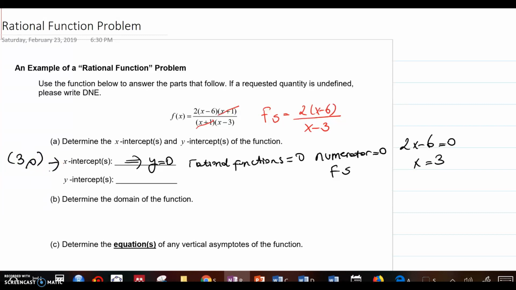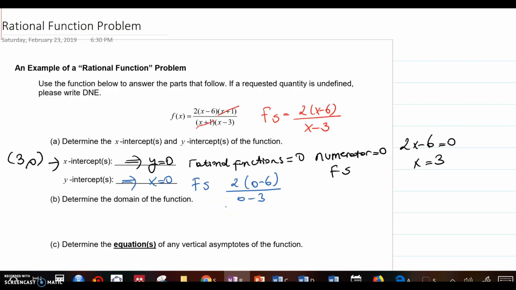Okay. Now y-intercept. Let's use a different color, maybe. It means that x equals 0. So I'm going to use again my simplified version, and I'm going to plug in 0 for x. So 2 times (0 minus 6) over (0 minus 3).